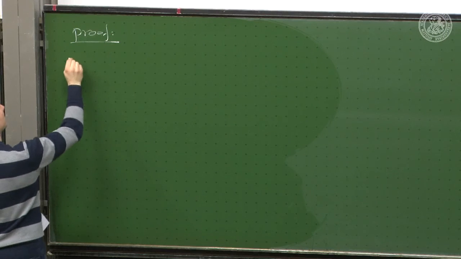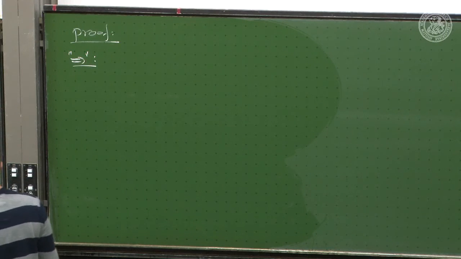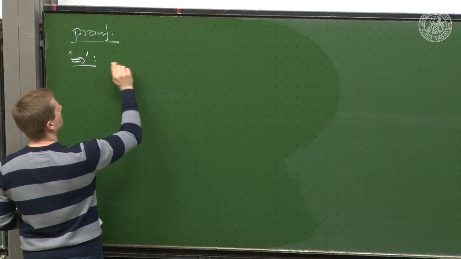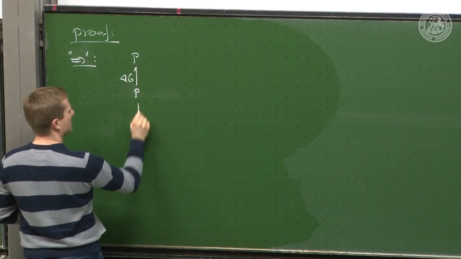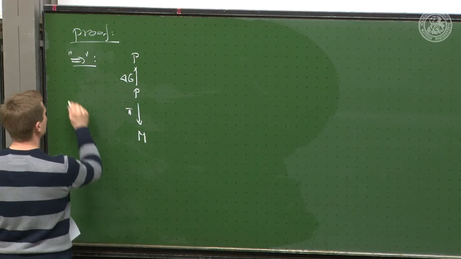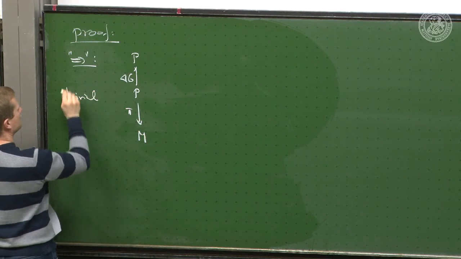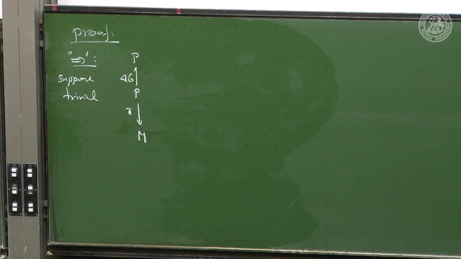Okay, so now we would like to understand this theorem a little better by proving it. So if we first go in this direction, that means we know the bundle is trivial, right? So P, G, P, pi, M, we know it's trivial. Suppose we have a trivial bundle.